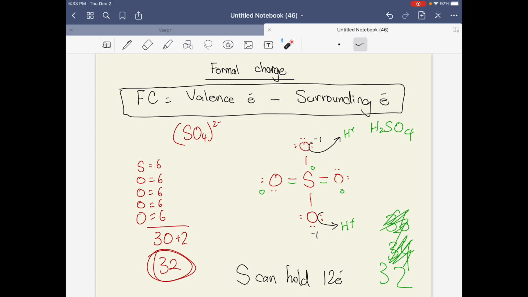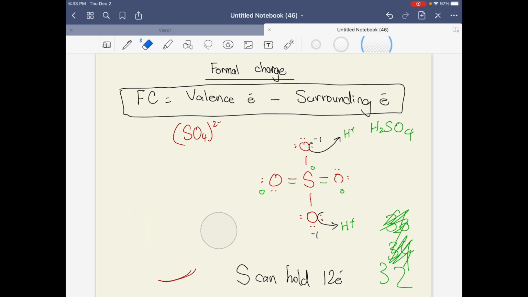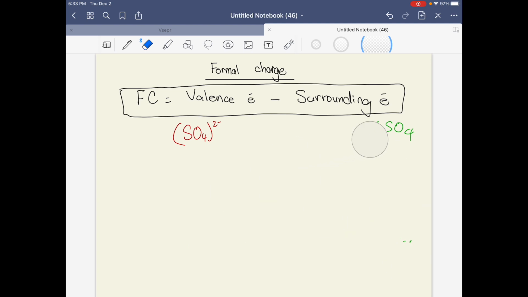All right. Let's take a look at one more example. Hey, let's take a look at this one. This is called the bromate anion. Okay? So, let's go.